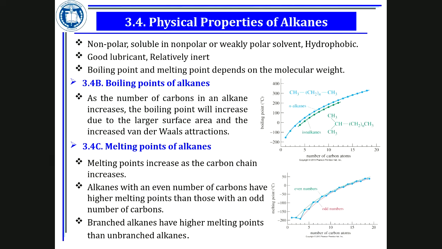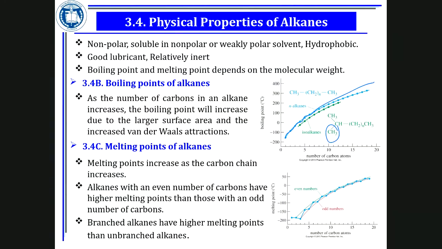There are some patterns that you have on this slide. Boiling point, if you have the normal alkane, which means the alkane without any branches, you have the blue line here. For the isoalkane, which is just one branch of a methyl group on carbon number 2, the pattern shows with the green line that in general boiling point is lower than the comparable, same number carbon alkane with no branch.